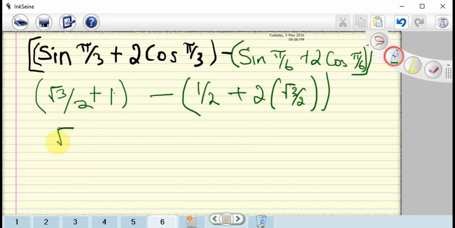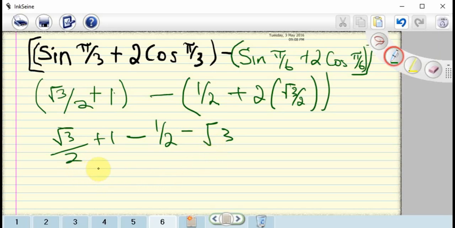Removing brackets, we get root 3 over 2 plus 1 minus half minus 2, the 2 cancels the 2 there, so minus root 3.